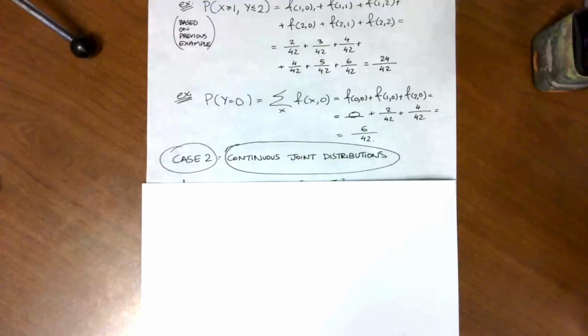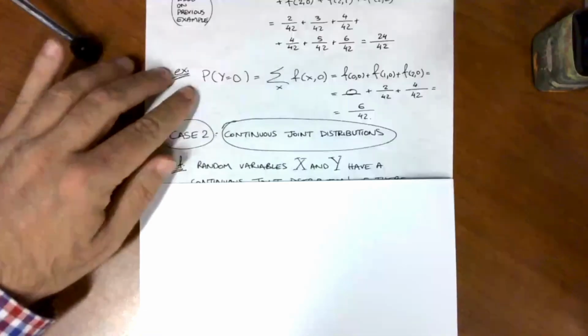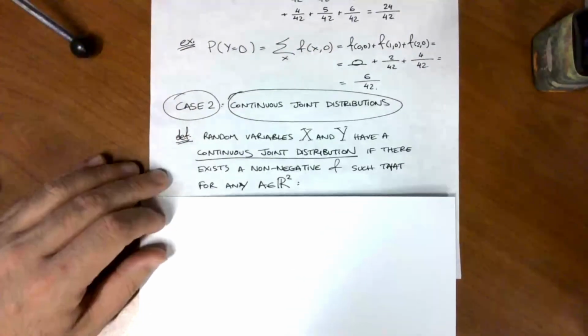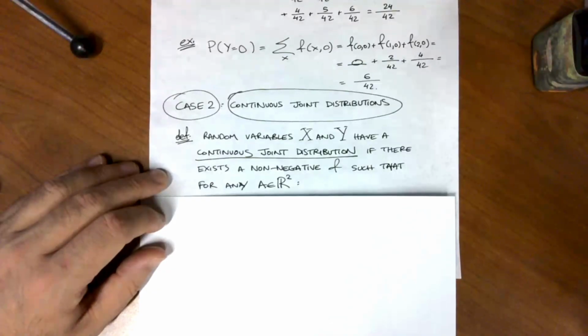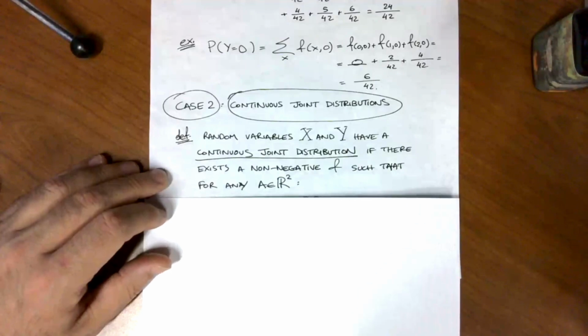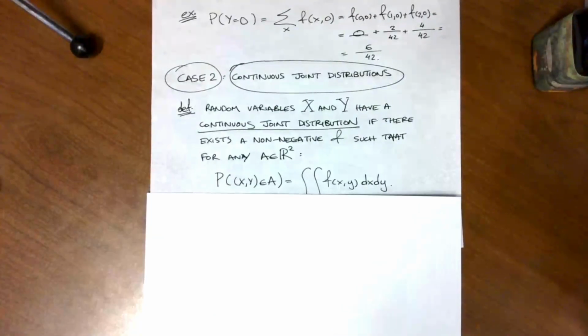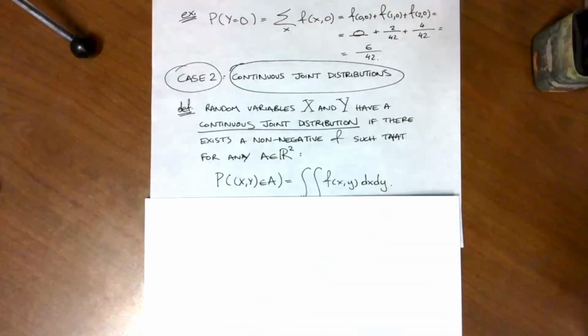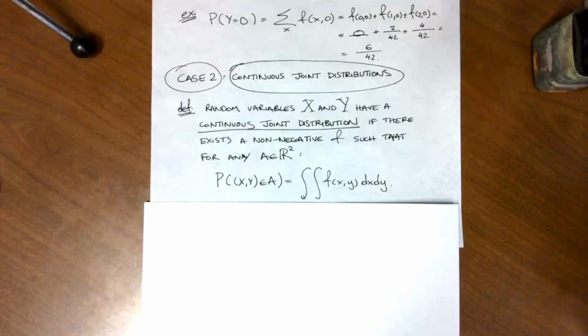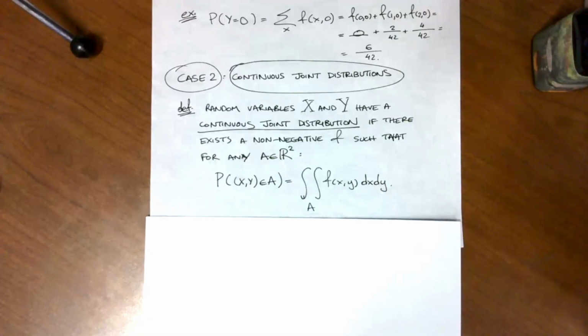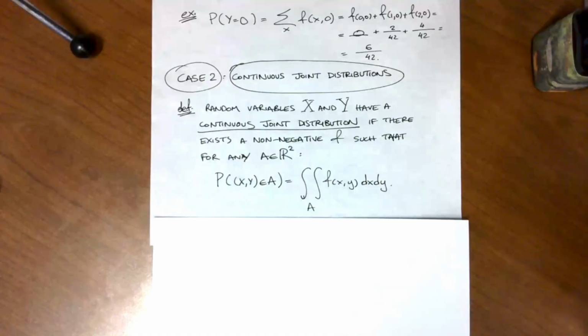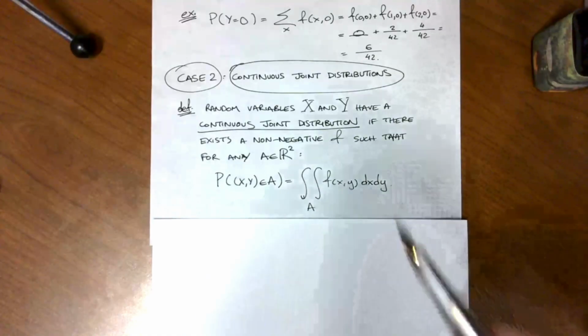Let's look at the idea of a continuous joint distribution here and start with the definition. Random variables x and y will have a continuous joint distribution if there exists a non-negative function f such that for any subset, let's call that subset A, of pairs of x and y, the probability that x and y belongs in that subset A is equal to the double integral of f of x comma y dx dy.